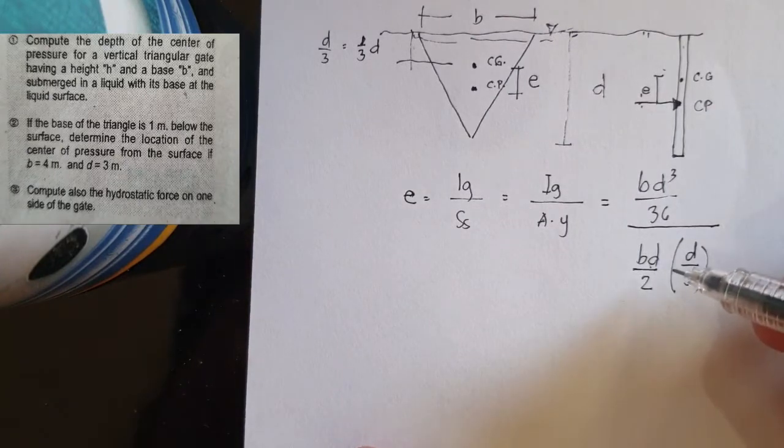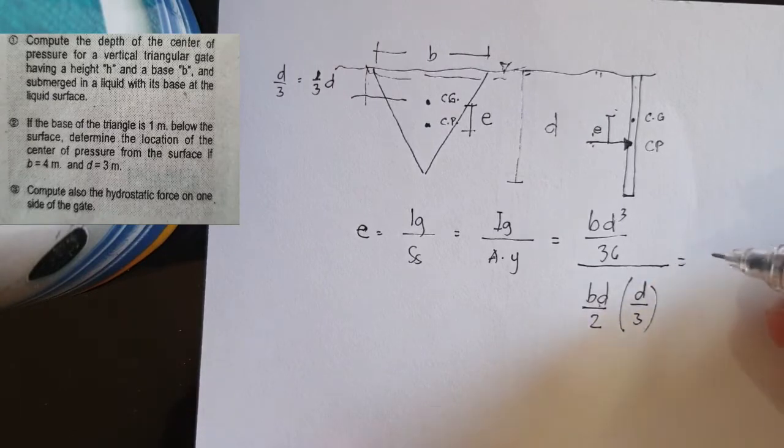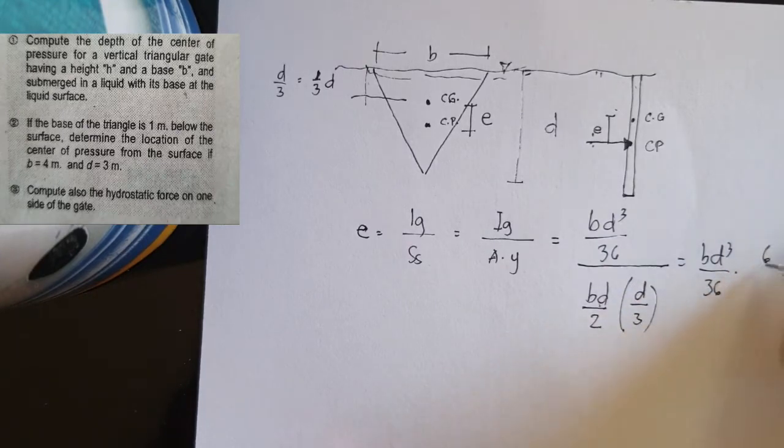So it is BD cube over 36 times, you can take the reciprocal, 2 times 3, that is 6, BD squared. Okay, so 6, 36, it is still 6.